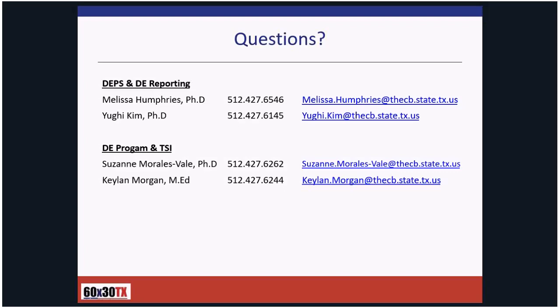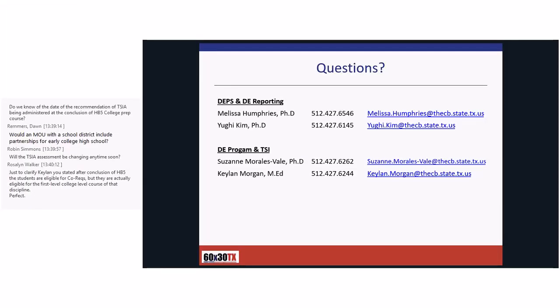Versus putting them in a standalone DE course, we would recommend a corequisite model. But I totally agree with you that at the conclusion of the House Bill 5 or college prep course, the student would be eligible to go into the first college level course without required DE support, if they pass it, if they meet the TSI or retake the TSI.